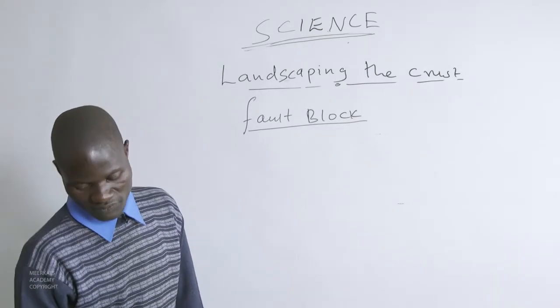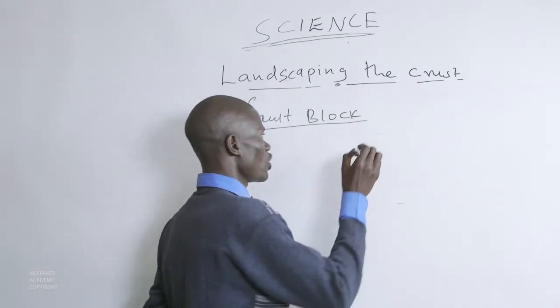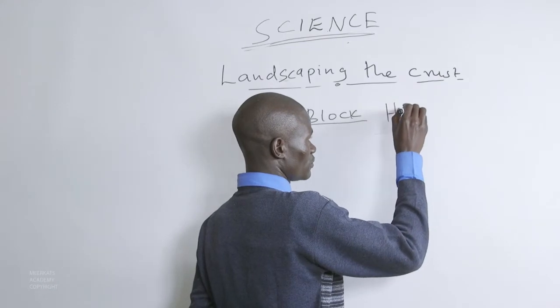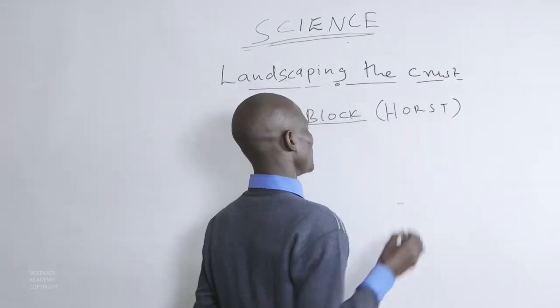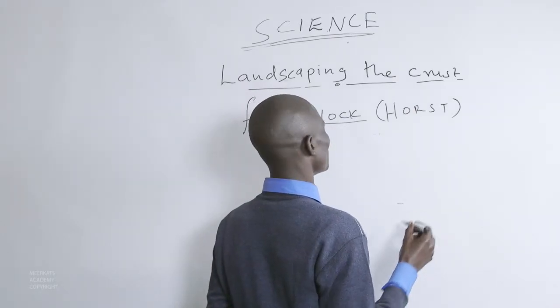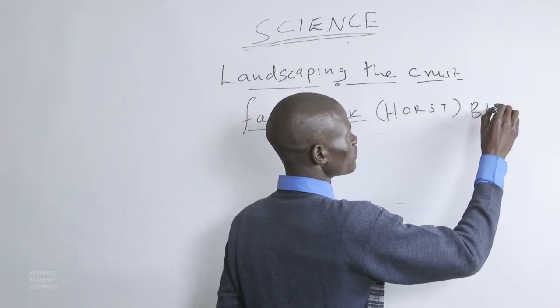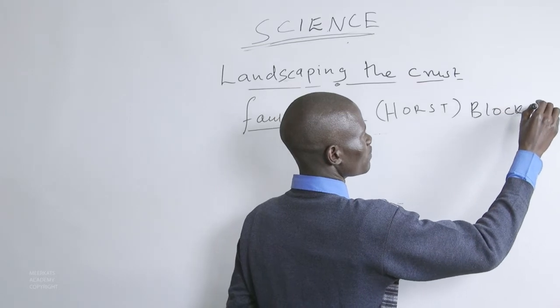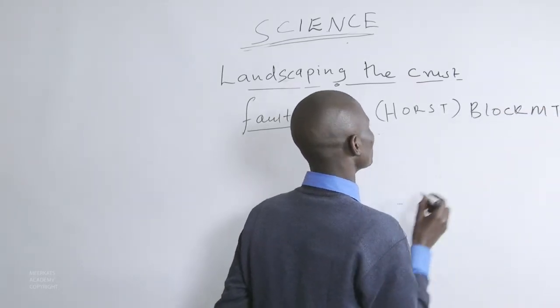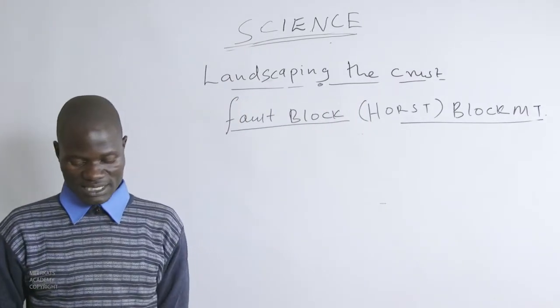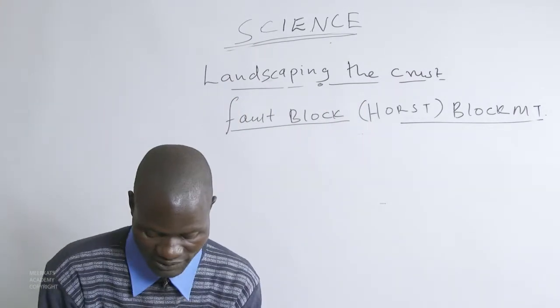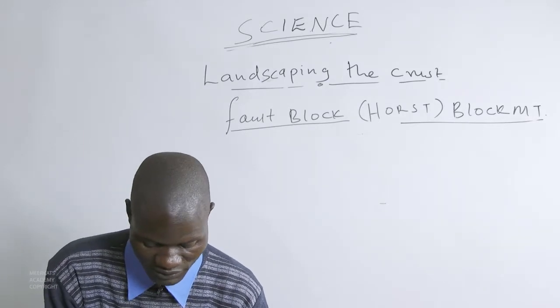Some books call the fault block the horst. It may also be referred to as the block mountain. That is a feature that may also develop as a result of the faulting.